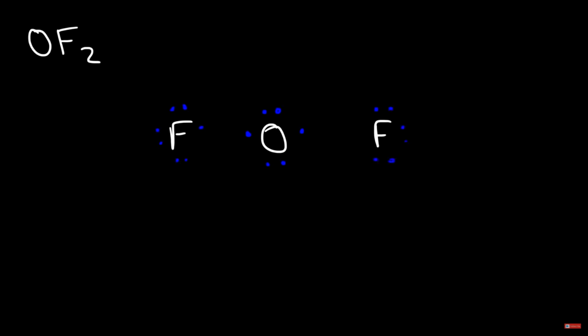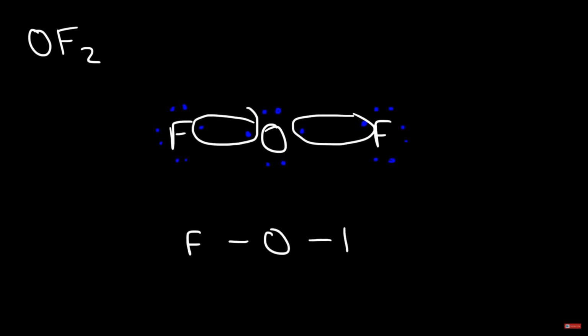Now we know that fluorine likes to form a single bond, and oxygen likes to form 2 bonds. So this is going to be 1 bond, and there's the other. So the Lewis structure looks like this. So that's the Lewis structure of OF2, oxygen difluoride. But keep in mind, in reality, it has a bent shape, just like water.